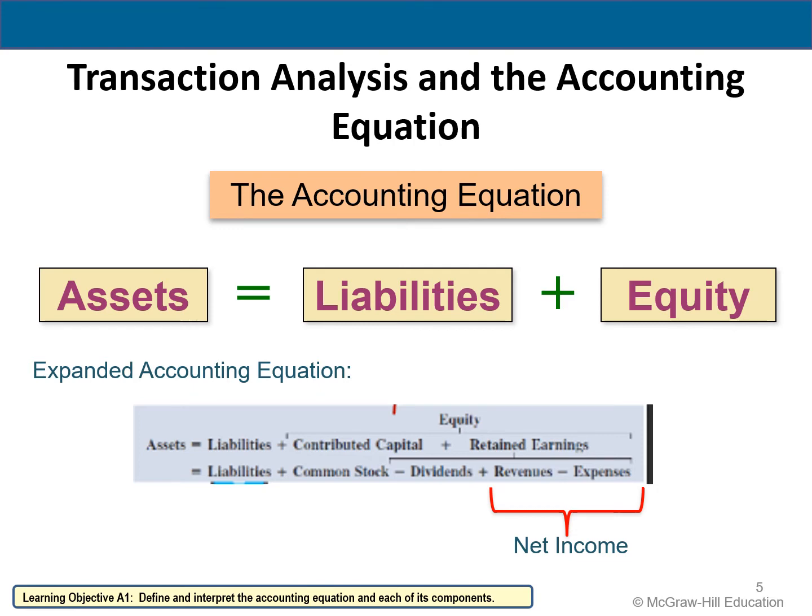We're getting close to the end of chapter 1, which is a fairly dense chapter in that it's more qualitative. But the accounting equation is something that we will be working with really for the rest of the semester. And in double entry accounting, this must always be true. Assets equal liabilities plus equity. If you want to think of an acronym, you can think of ALE, which is a fancy word for beer.